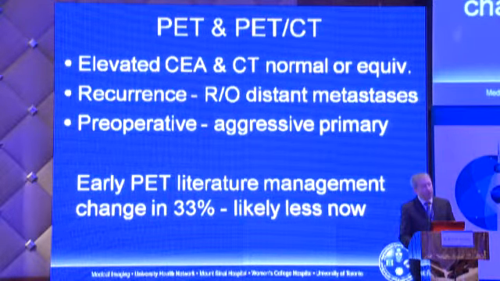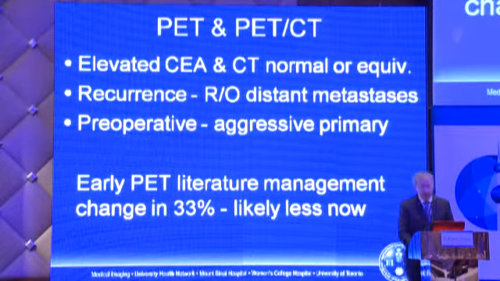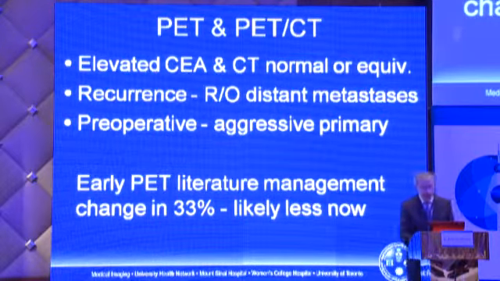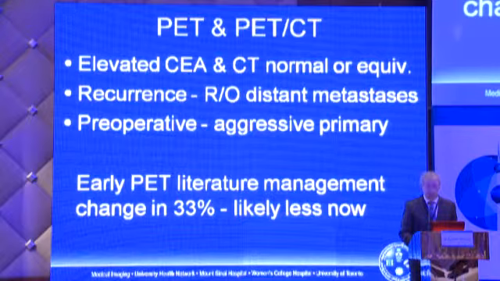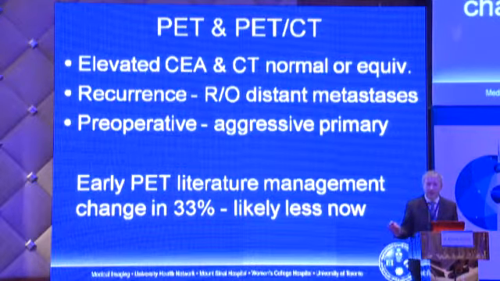So when should you use PET and PET-CT? Well, if you have an elevated CEA and you have a normal CT scan and the surgeon is concerned enough, they may order a PET scan, or if there's an equivocal finding on the CT, such as that nodule that I showed you along the inferior mesenteric vessels. If there's recurrent rectal cancer, an aggressive surgery is being considered to treat that local recurrence.